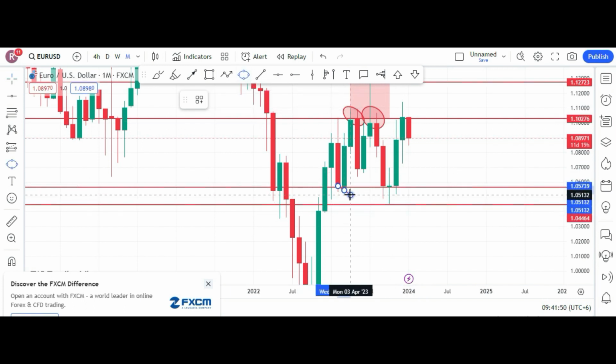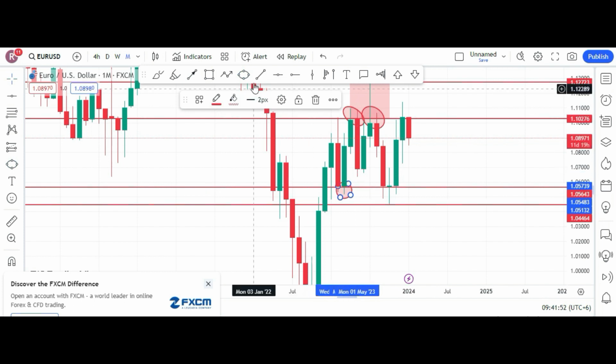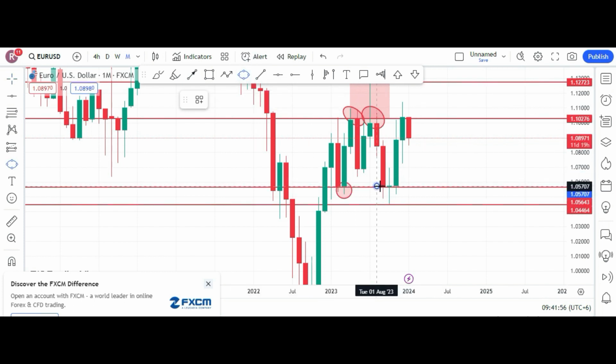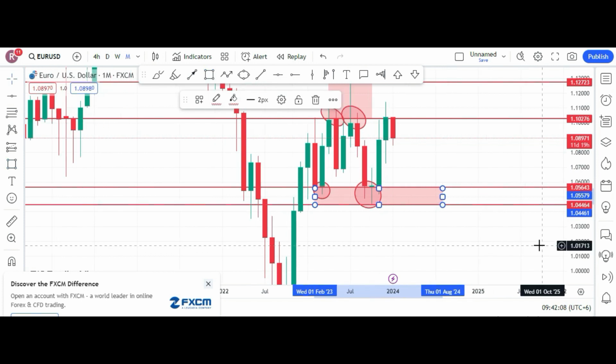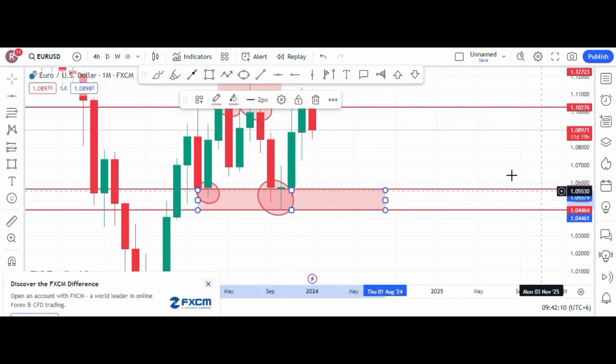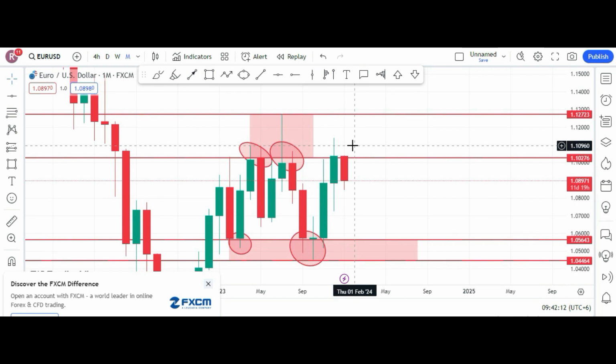If you mark it, we can mark it like this. Okay, and we have this double top. Okay guys, so this is the situation.